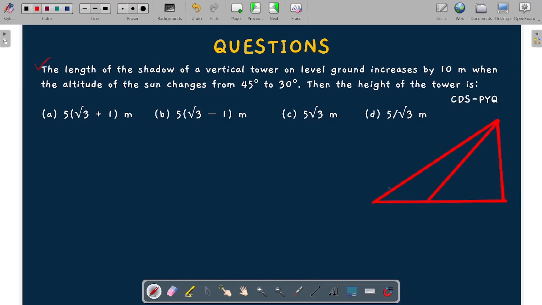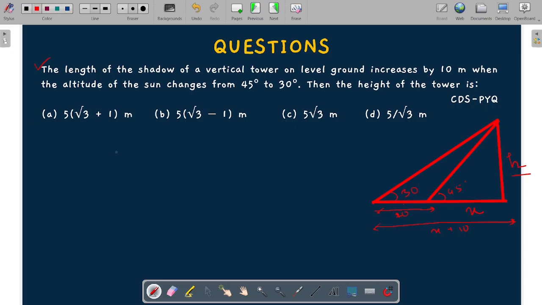Here, what happened? It was first 45 degrees, then it became 30 degrees. So the shadow's length increased by 10 meters. Let this value be x, then the whole length of the shadow will be x plus 10, and this height is h. We need to find the height of the tower h.